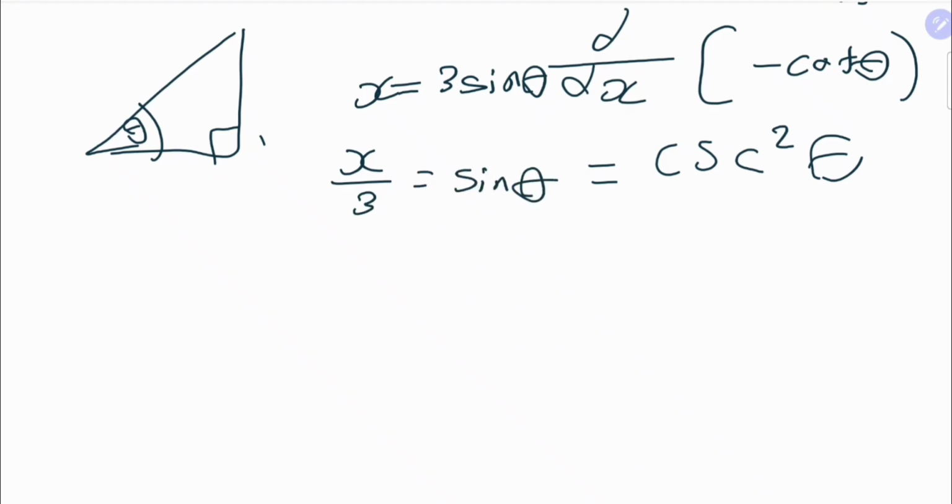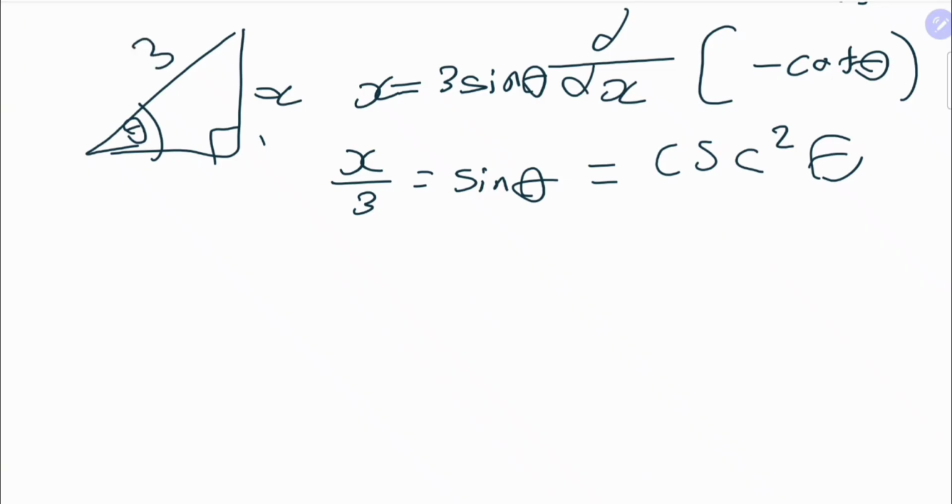And if you may remember, sine is opposite over hypotenuse. So that means that x is the opposite, x, and 3 is the hypotenuse, 3.